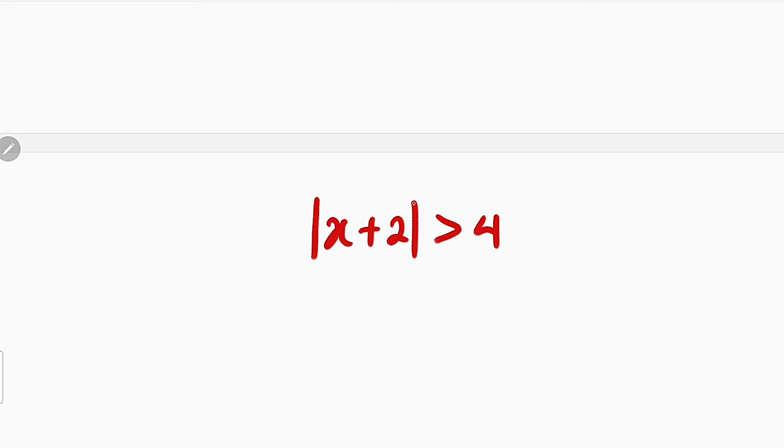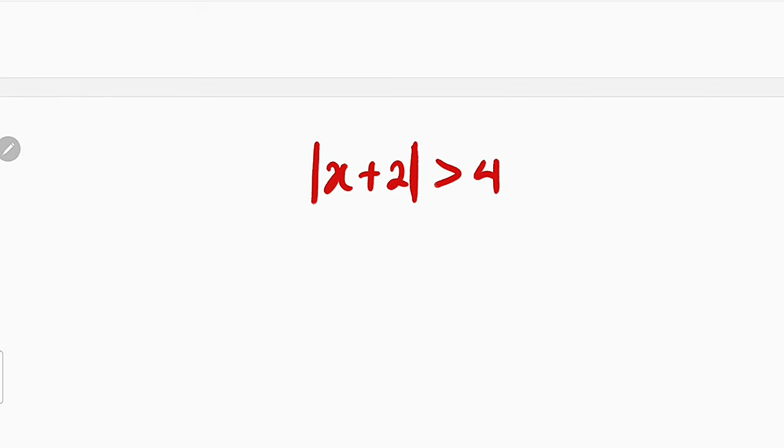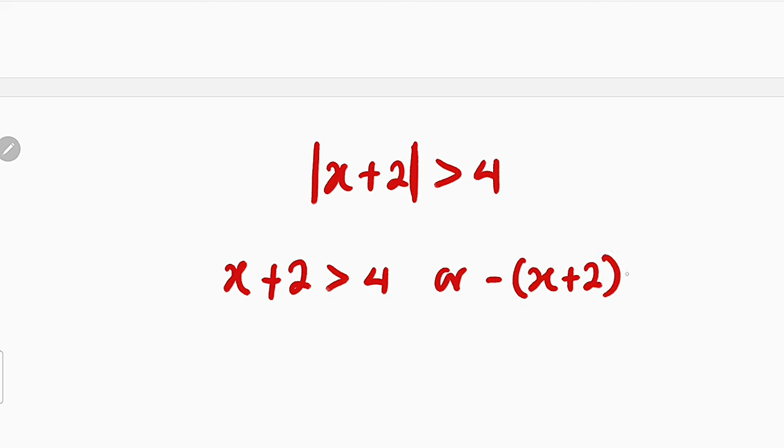It is the absolute value that will always transform it to positive, right? So we assume two cases. It could be x plus 2 greater than 4, or negative of x plus 2 greater than 4. This is how to interpret it, because it could be negative or positive.